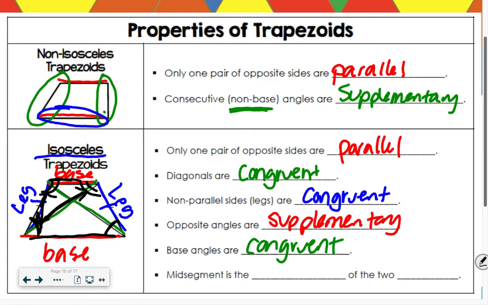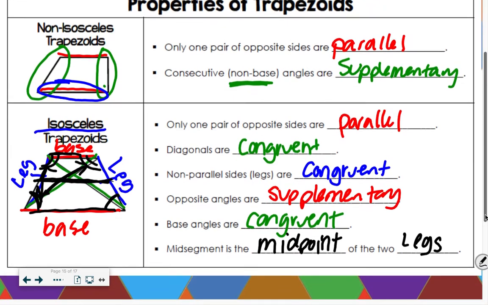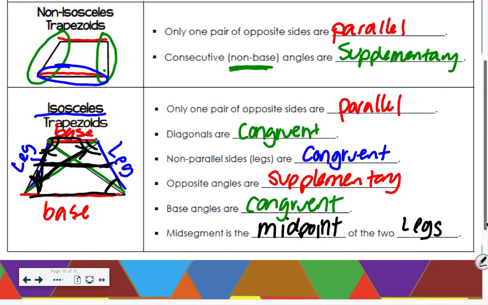Okay, the other thing we have is a thing called a mid-segment. Okay? I believe we talked about mid-segments of triangles. The mid-segment is the midpoint of the two legs. Okay, and then since we have all of our info in the same place, we're gonna put the formula to find our mid-segment here.